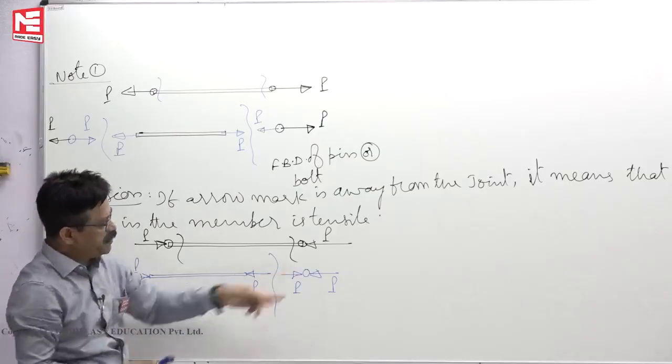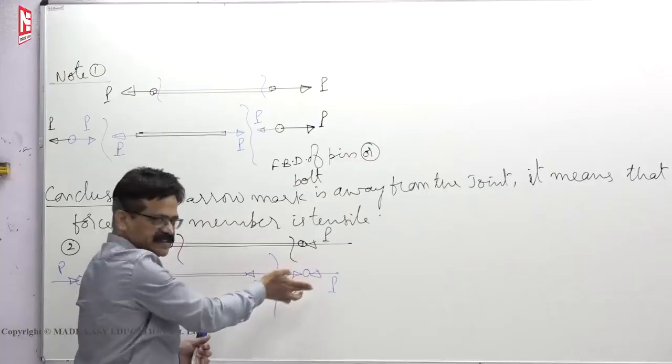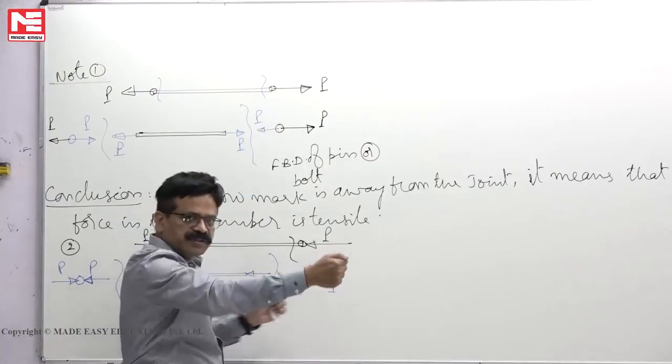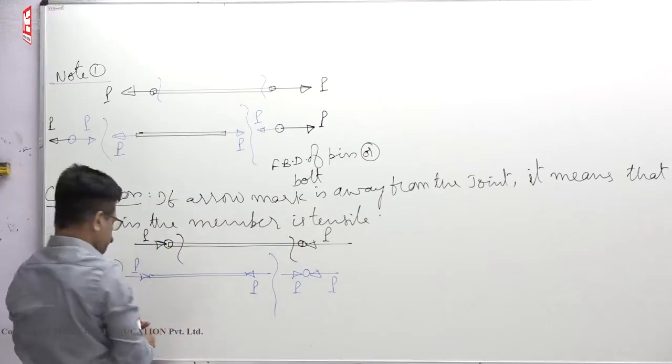Now you see this pin free body diagram: either the external force or this internal resisting force, if the arrow marks are towards the joint or towards the bolt, it means that the force in the member is compressive.